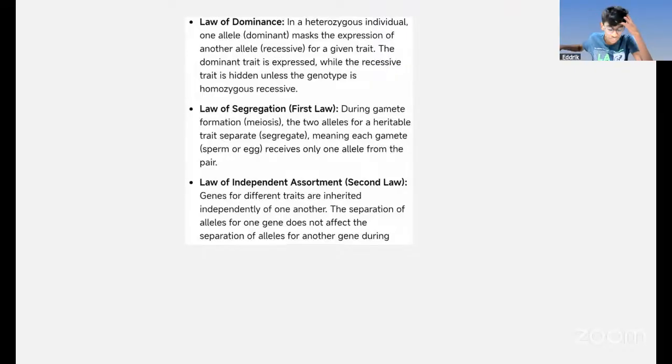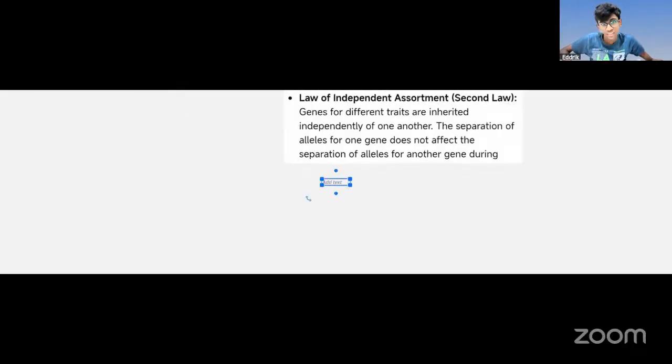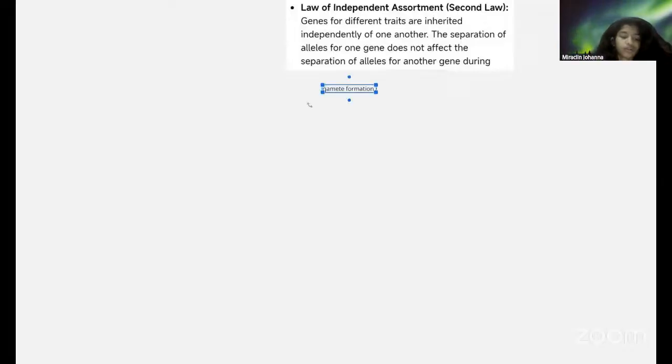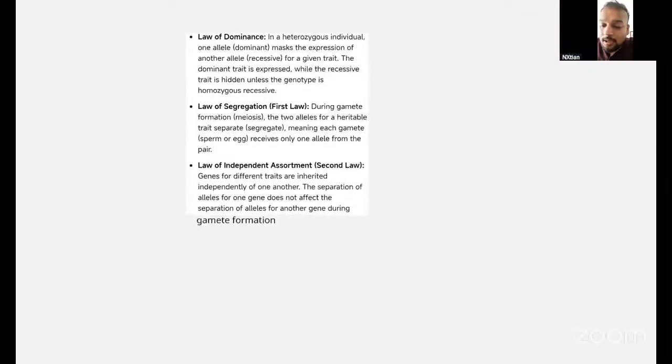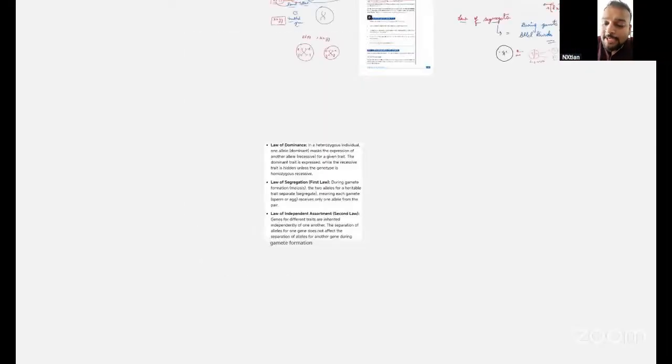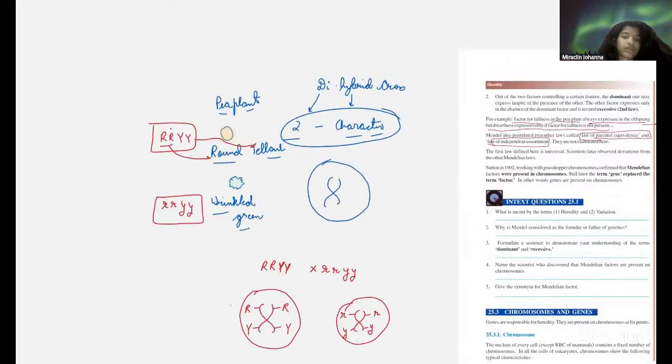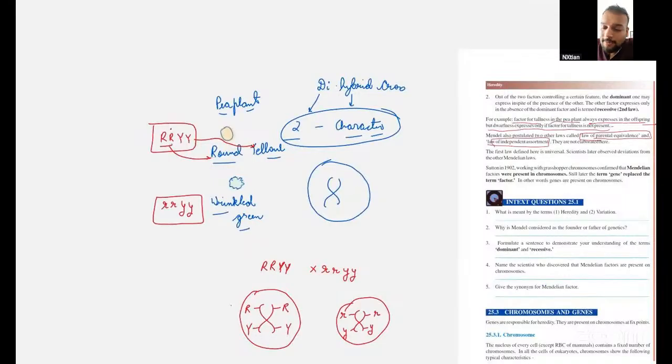Do I need to write all of them? Yes. Okay, give me 10 minutes. Can you write the law of dihybrid cross? There is no law of dihybrid cross. There is the meaning of di, the definition. Yeah, okay, I will write it down.